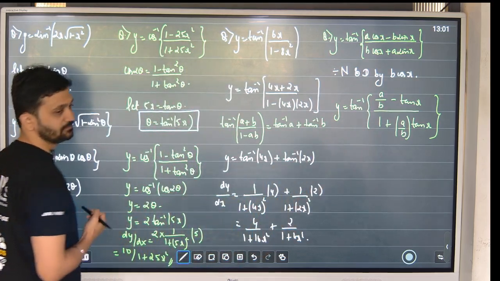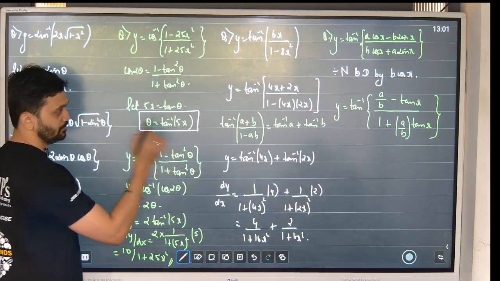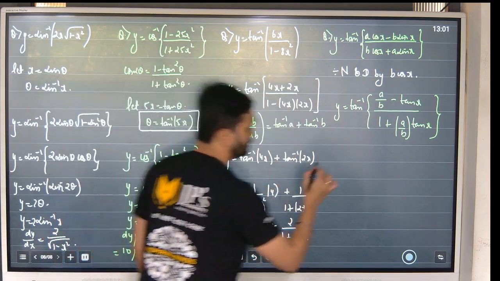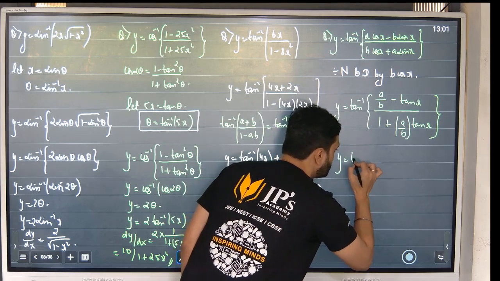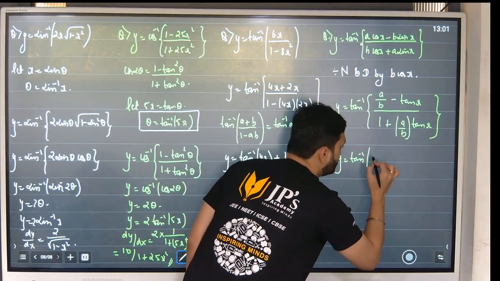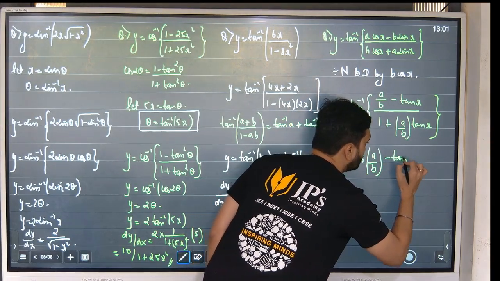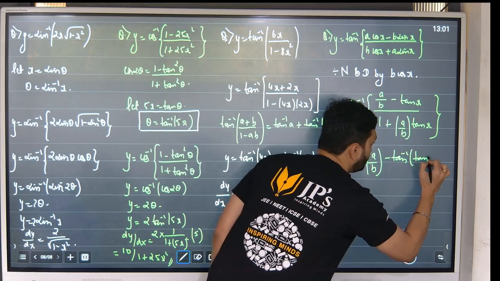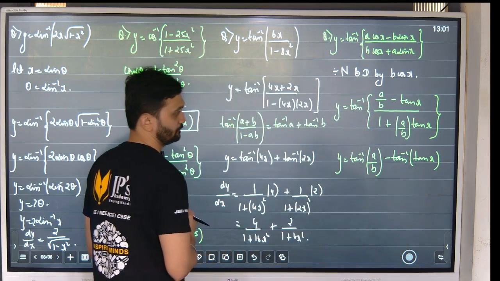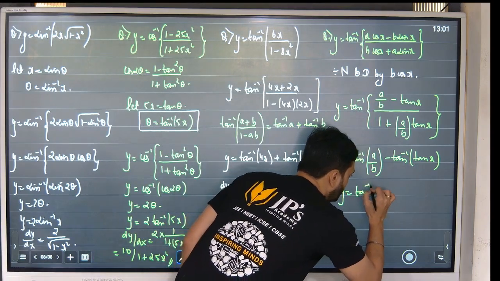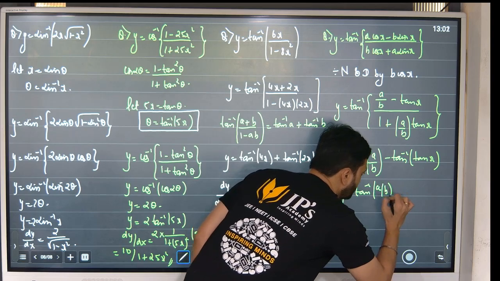It's exactly the same. Only one change: here there will be minus because the numerator has minus. So what will this become? It will become y is equal to tan inverse of a by b minus tan inverse of tan x. So y is equal to tan inverse of a by b minus x.